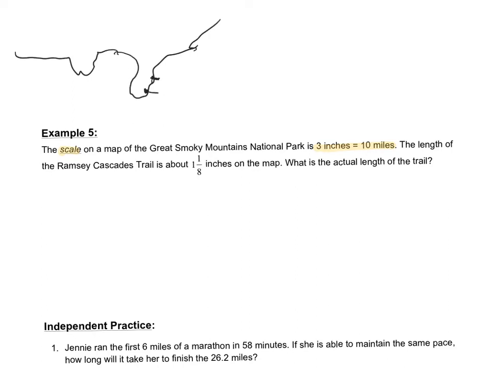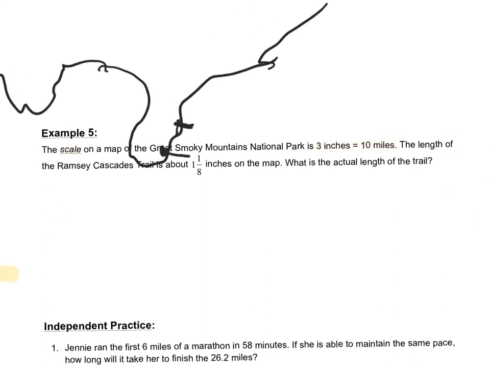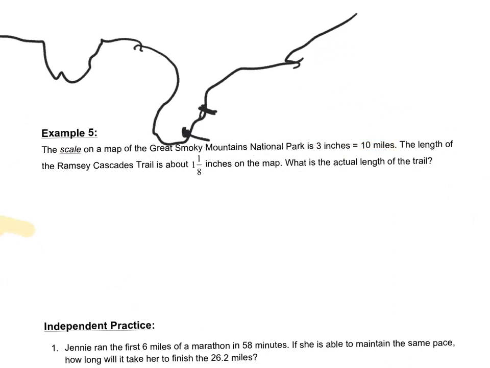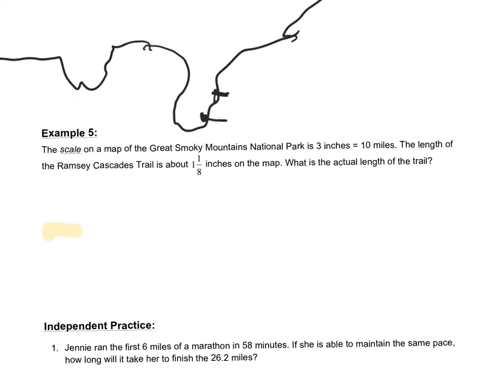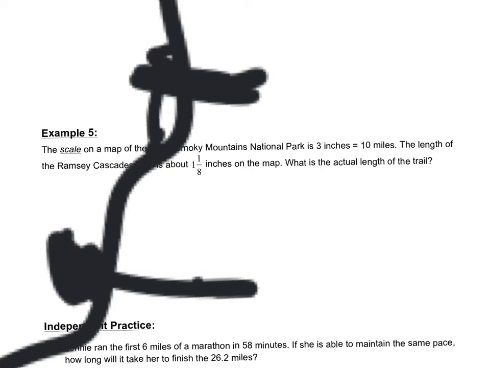I don't know the exact miles, but if I said to you that every inch was equal to 3 miles, what this is saying is that if you were to measure the distance from here to here, and that gave you 1 inch, that would be 1/3 of 10 miles. Or if I wanted to make it just a little bit bigger, if this measures 3 inches on the map, in real life it's 10 miles.